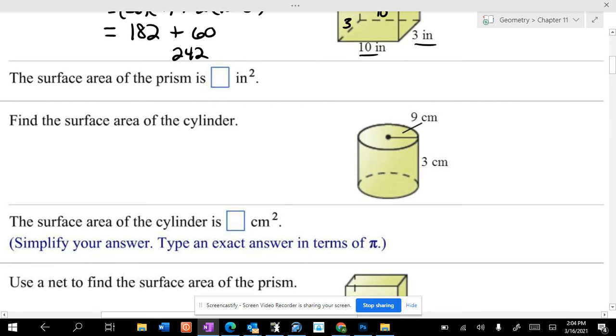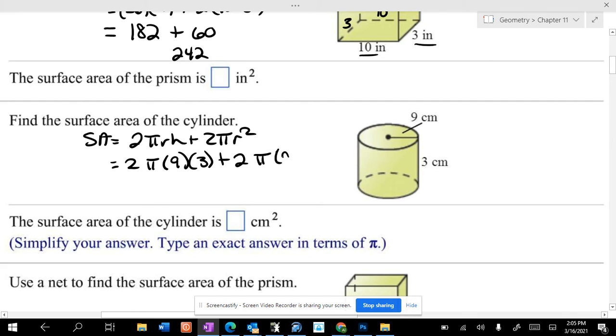Okay? Surface area of a cylinder. Surface area is 2 pi r h plus 2 pi r squared, right? So it's 2 times pi, the radius is 9, the height is 3, plus 2 times pi times 9 squared.